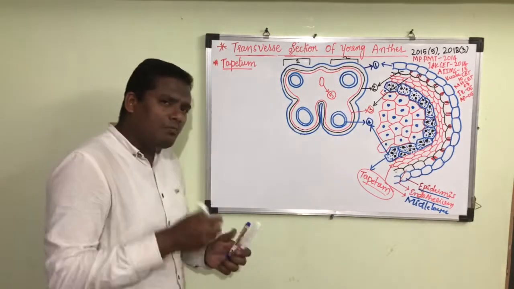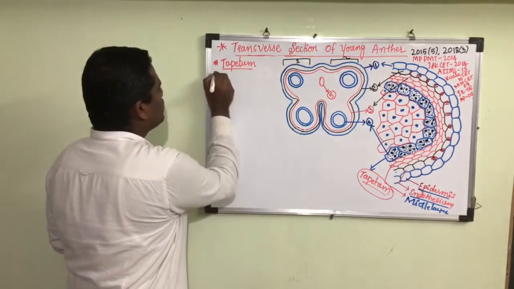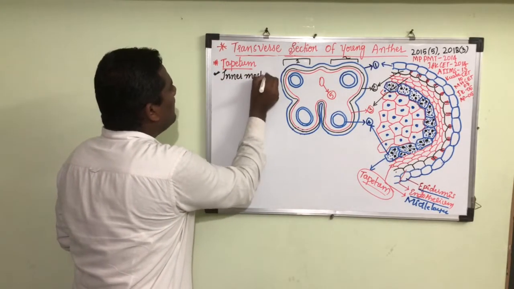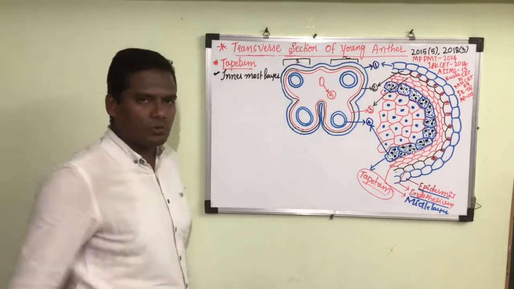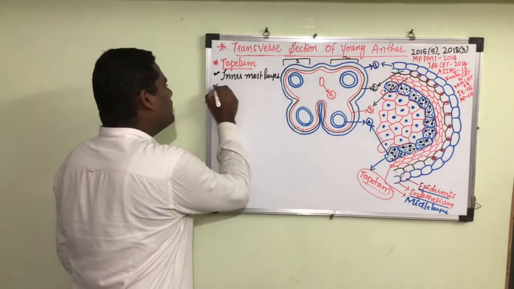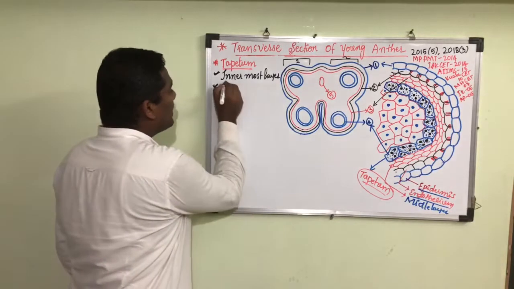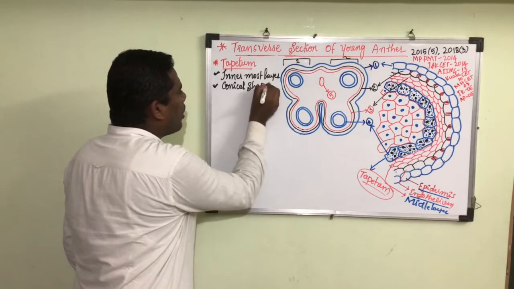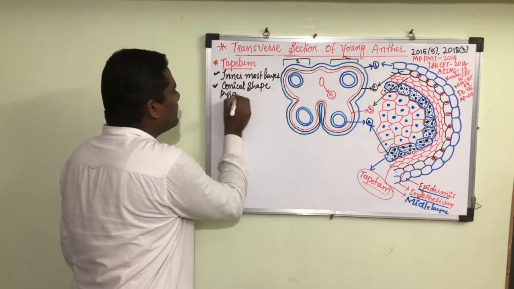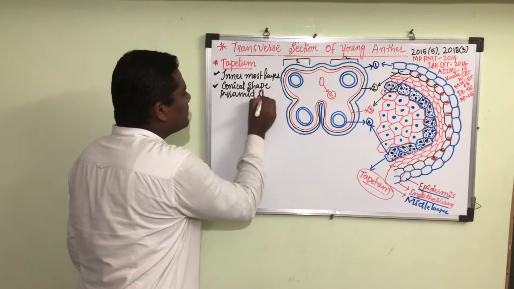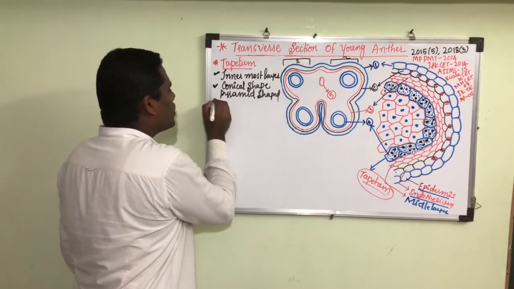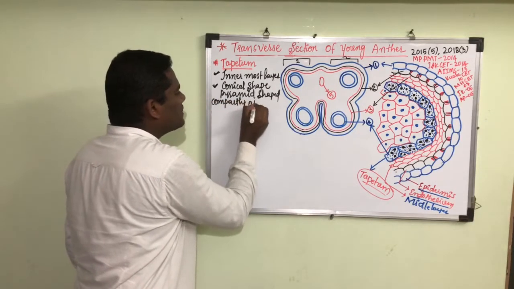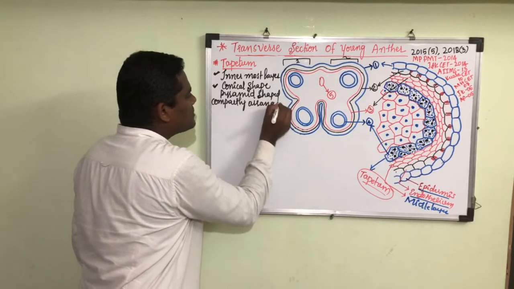Tapetum is the innermost layer of the anther. Now this tapetum is made up of conical or pyramid shaped, compactly arranged cells.